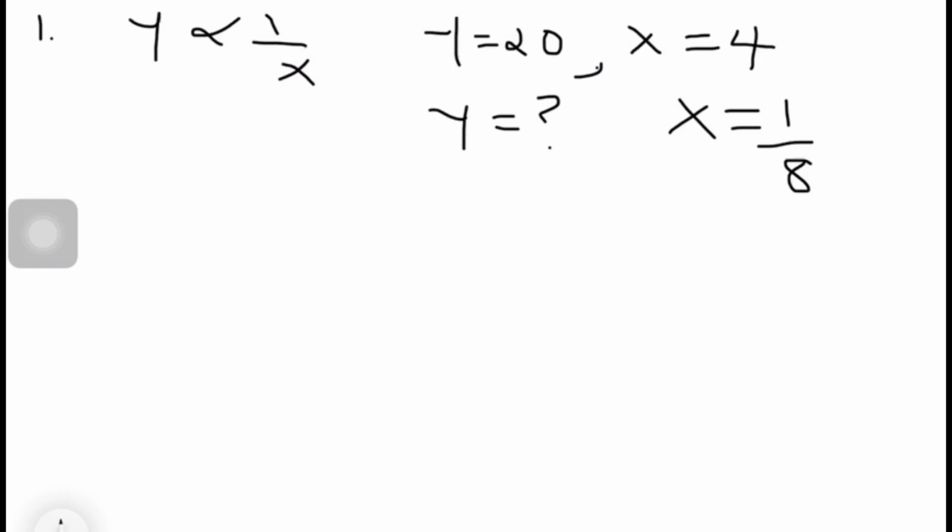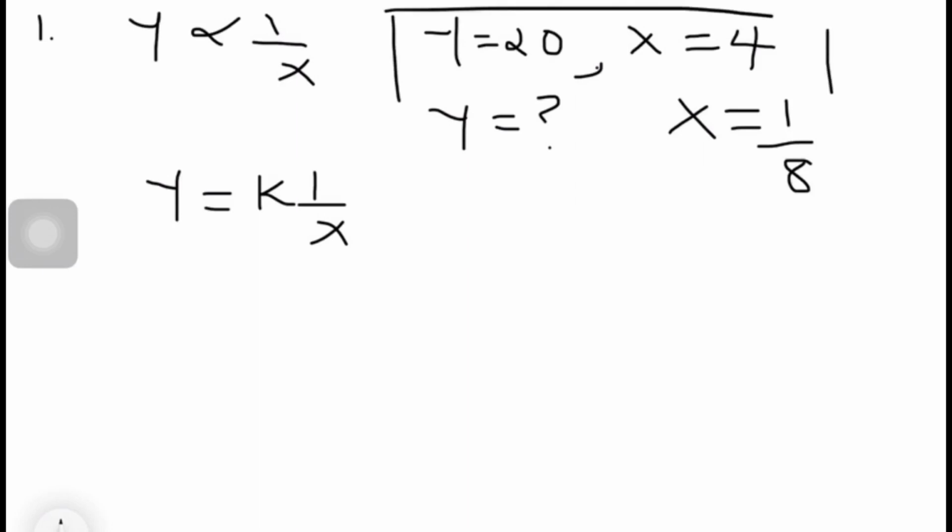Just the same way as we did for direct variation, if you haven't watched that lesson, kindly go back, or I'm going to leave a link in the description below so that you can first learn that one and then come to the inverse. When we introduce a constant of proportionality, y is equal to k times 1 over x. The first step is to solve for the value of k using the values we are already given, the y and x.